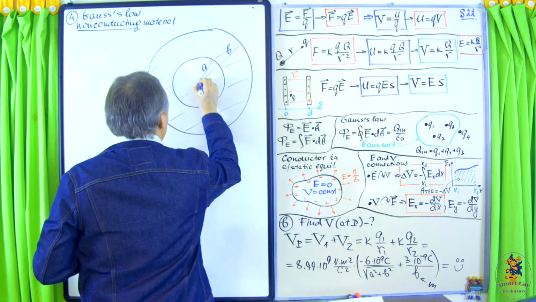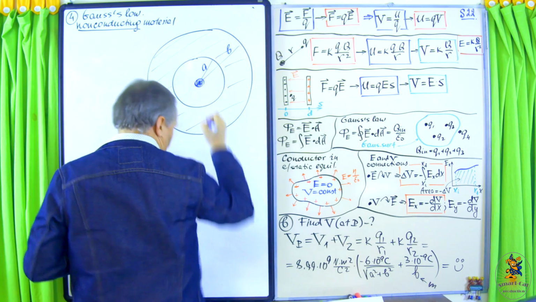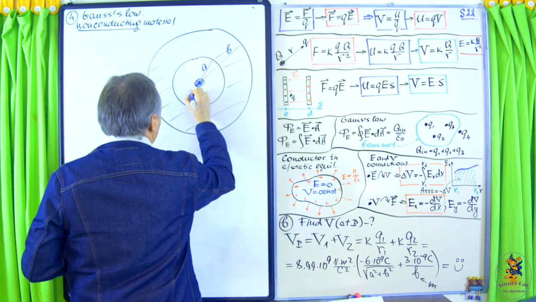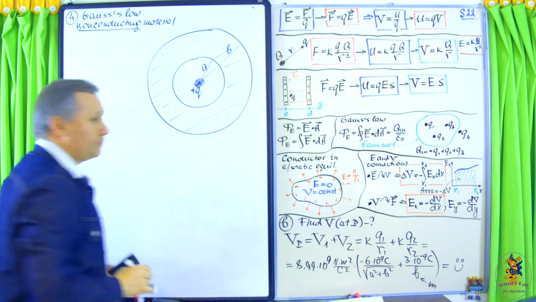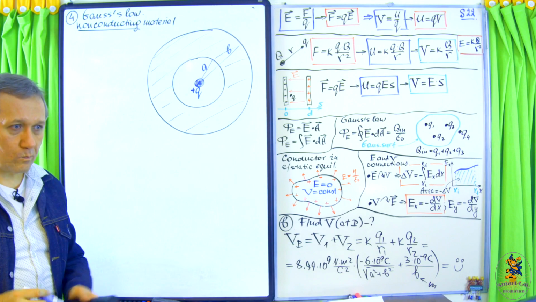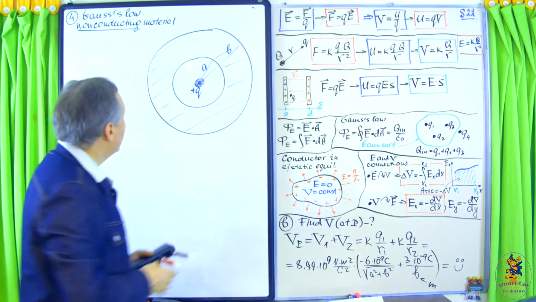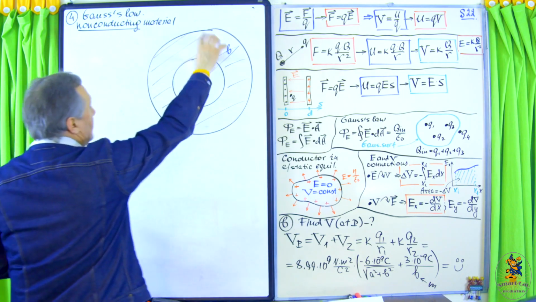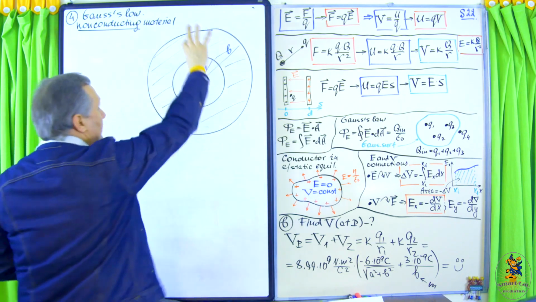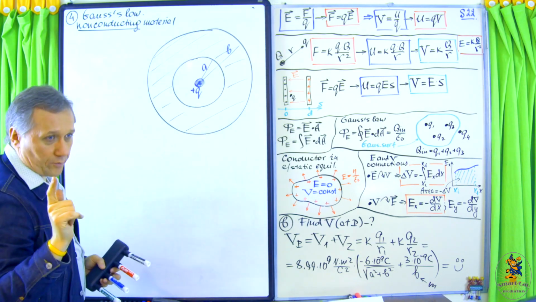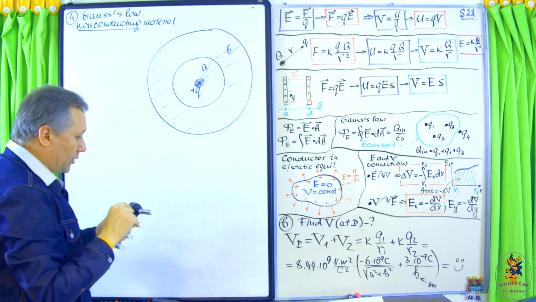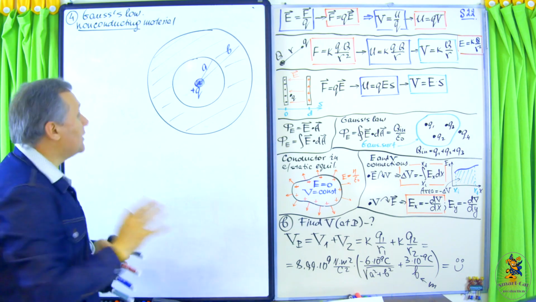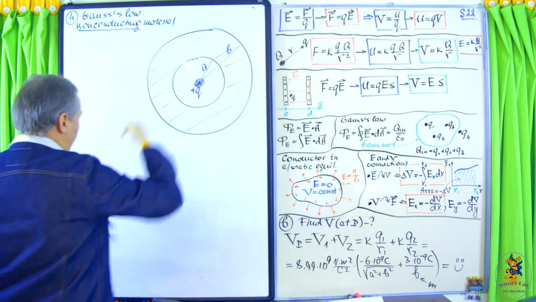So let me position here plus Q. And then what else is given? This spherical shell is charged with the total charge Q, and that charge Q is uniformly distributed over that shell.